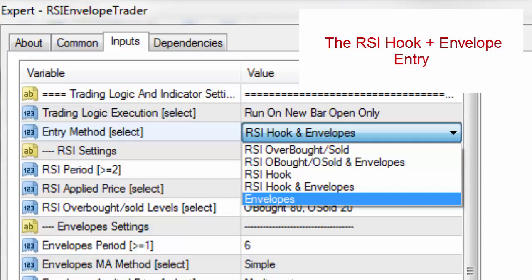Now firstly I must state that the RSI indicator on its own is a fantastic indicator and gives really good signals. You can trade it on its own. Then the envelope technique is a magnificent system, because if you logically think about it, the price is predominantly inside the envelope, in other words, it only comes out 5% of the time, so 95% of the price action is contained in the envelope.